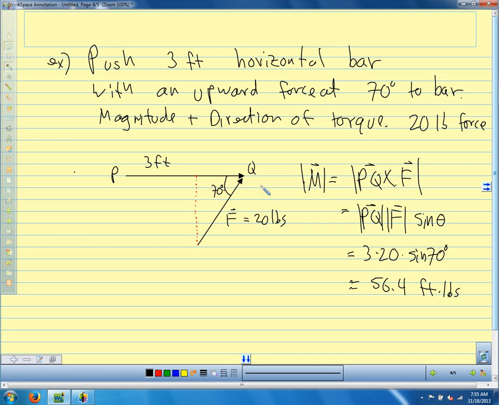Into or out of the page here? Davis says out. Out. So if we push, this thing is going to rotate this way, and if this were a screw, we'd be loosening the screw, lefty-loosey, so it would be out of the page.